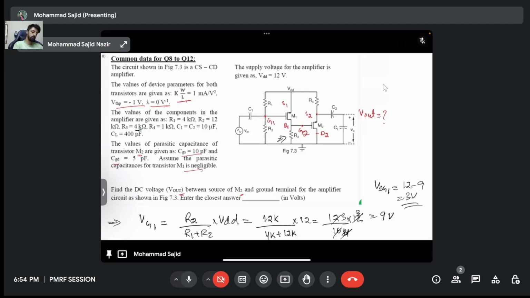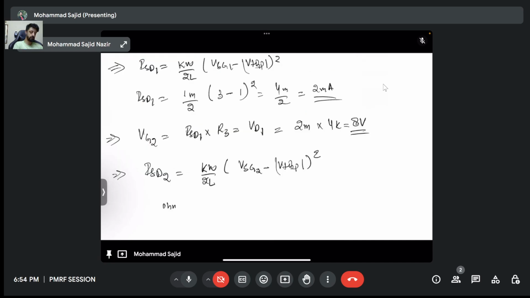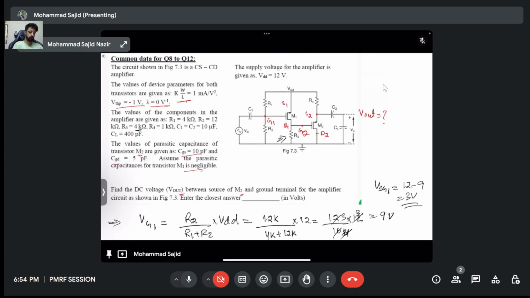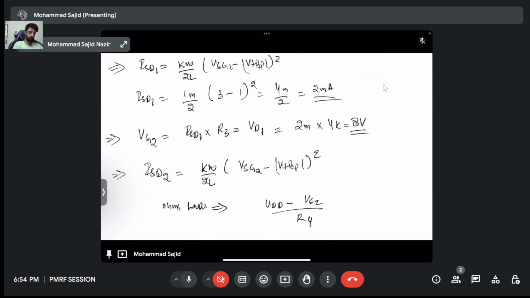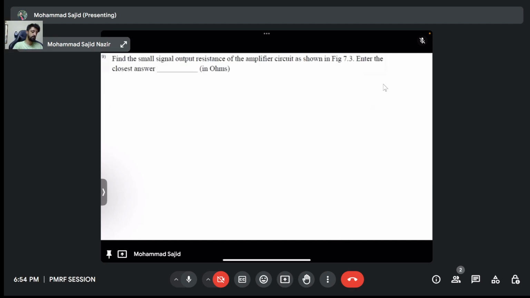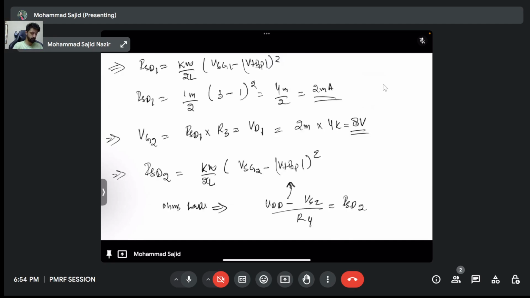So for that, we will use Ohm's law, which gives us VDD minus VS2 divided by R4 as ISD2. Okay, so we will use this equation with the previous equation, and we will get a quadratic equation, and finally we will solve.